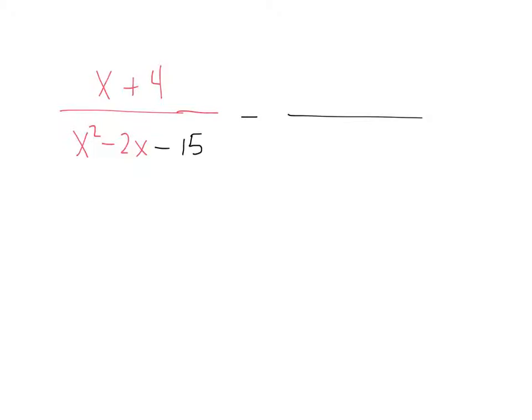Okay, so let's say we had an example of the following. x plus 4 over x squared minus 2x minus 15, and then we'll say minus, on this side, x plus 1 over x squared minus 4x minus 5.